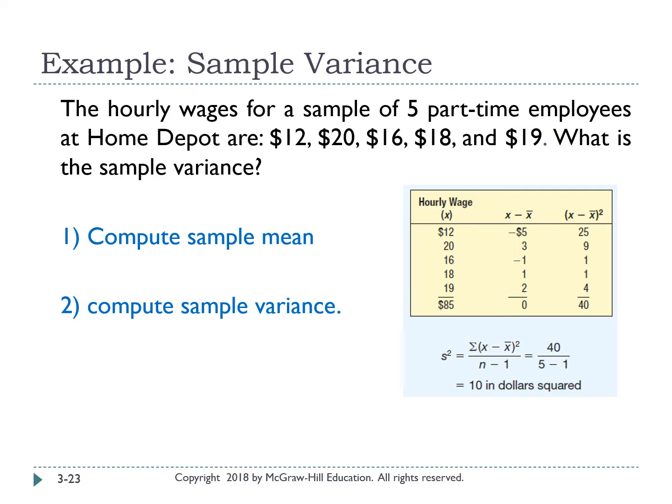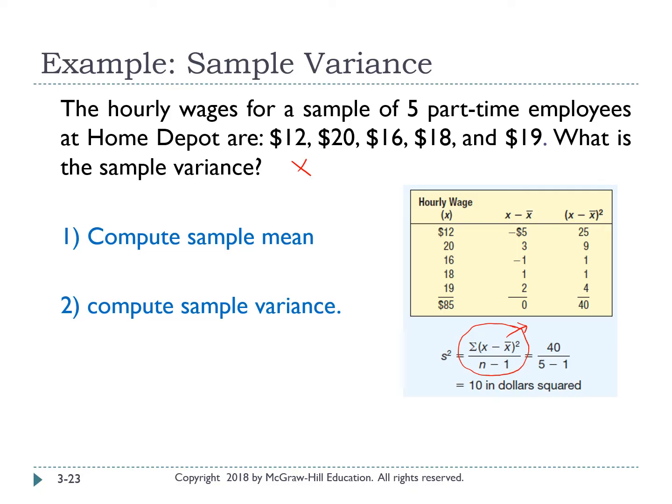Let's look at an example of sample variance. The hourly wages for a sample of 5 part-time employees at Home Depot are $12, 20, 16, 18, and 19. So this is your observation, or your X. What is the sample variance? If the question asks you to compute the sample variance, the first step is to compute the sample mean, because the sample variance formula has a part that requires the sample mean.